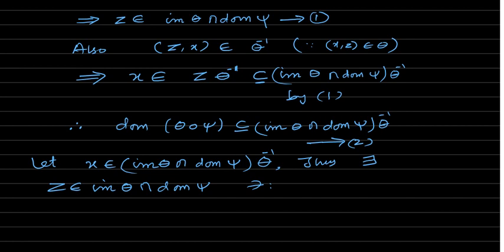You can say x belongs to z of theta inverse, or the pair (x, z) belongs to theta inverse, which again implies that (z, x) belongs to theta.